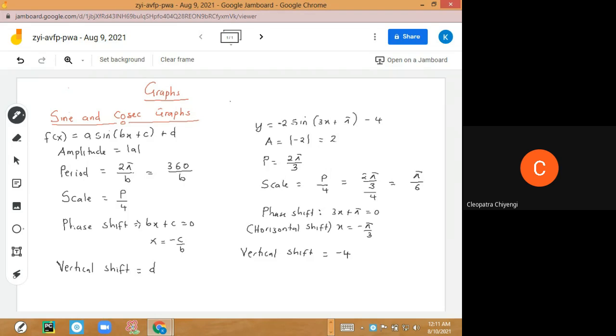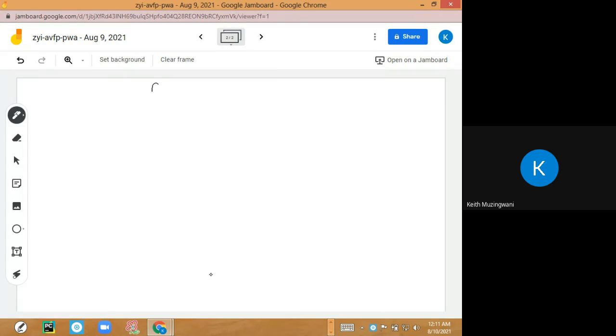Yes, sir. So let's now do the actual graphs. Example 1. Can you please bring back the previous one? I didn't finish copying that part.